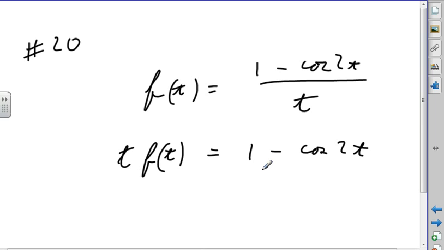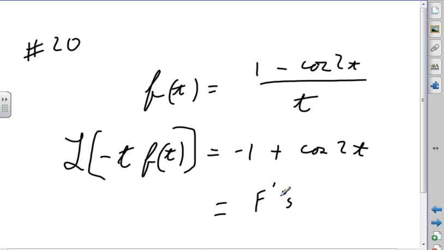Okay. I need a minus sign here, and I need a minus sign there and a plus sign there. If I take the Laplace transform of this side, then the answer is going to be f prime of s.